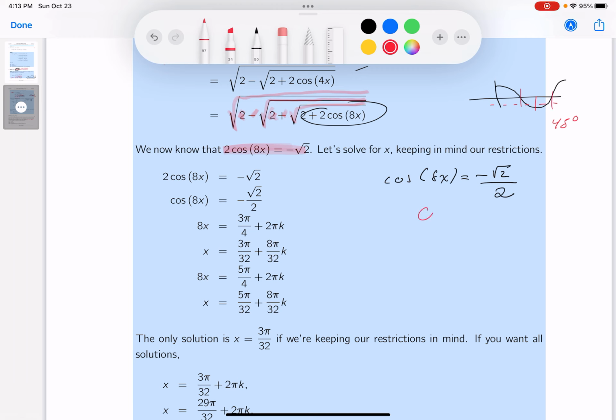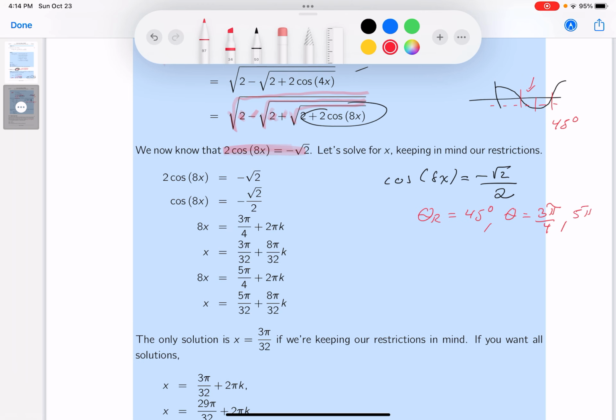And I'll write the reference down for you. The reference is 45 degrees. And what's the angle going to be? Well, the angle in the second quadrant would be, I'm going to put the radian down, 3 pi over 4. And the one in the third quadrant would be 5 pi over 4.